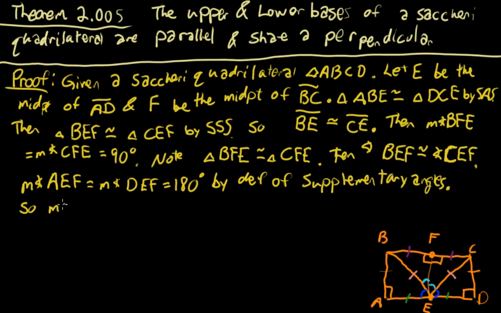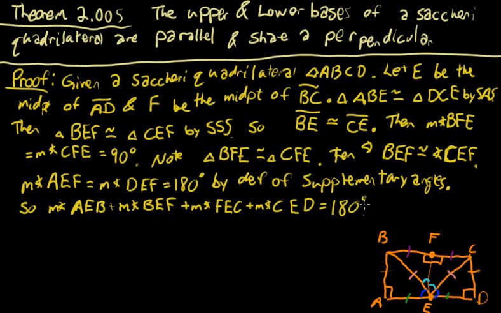So measure of angle AEB plus measure of angle BEF plus measure of angle FEC plus measure of angle CED equals 180 degrees. But since AEB is the same thing as measure of angle CED, and BEF is the same thing as FEC, we can combine these.